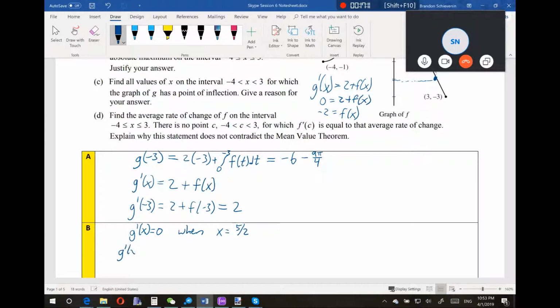Okay, so I could say something like this. g prime at x is greater than 0 on the interval from negative 4, included, to 5 over 2, not included.